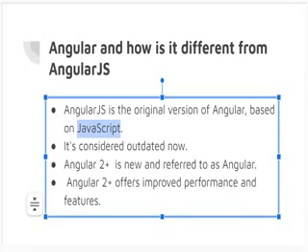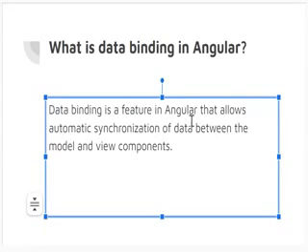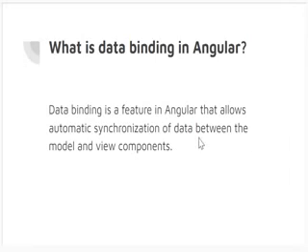The next question is, what is data binding in Angular? Data binding is a feature in Angular that allows automatic synchronization of data between the view and the model behind the view.